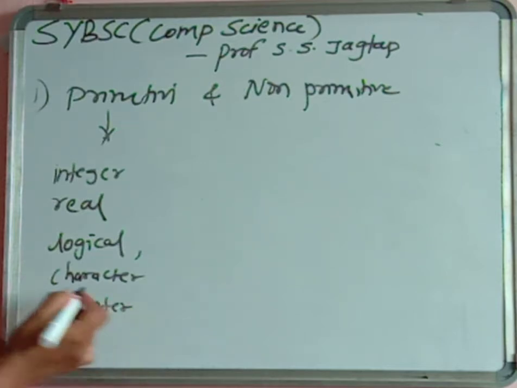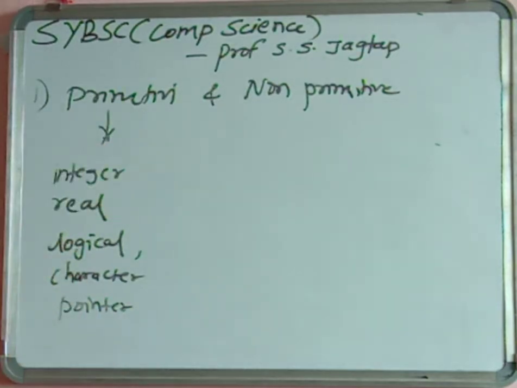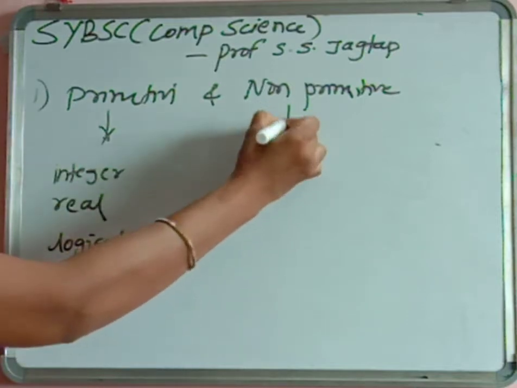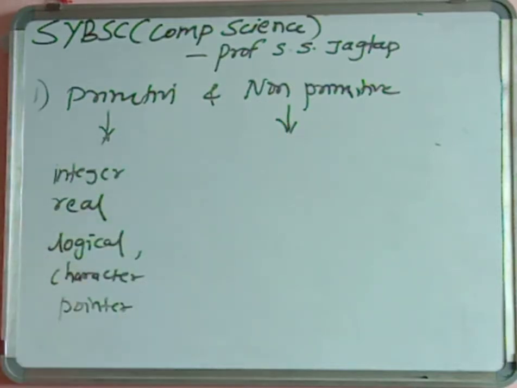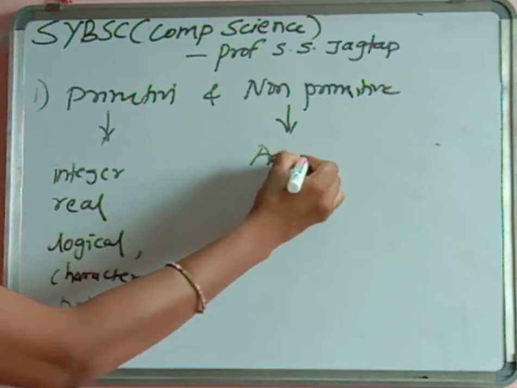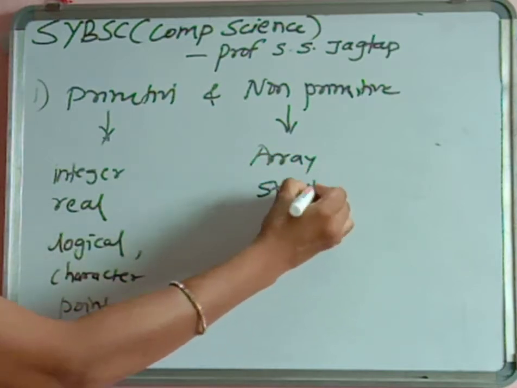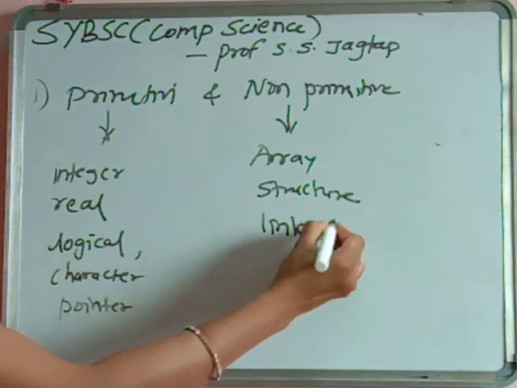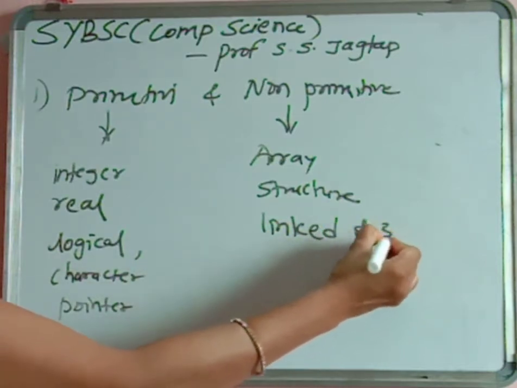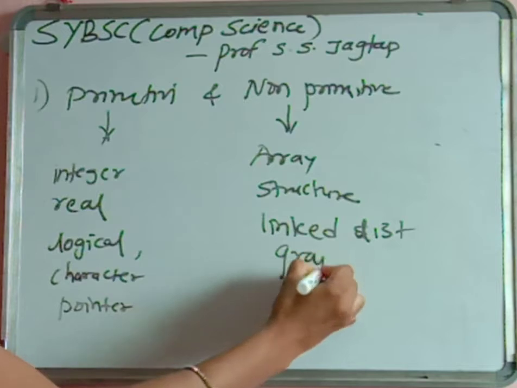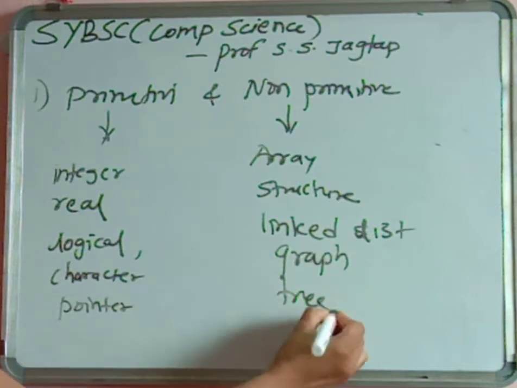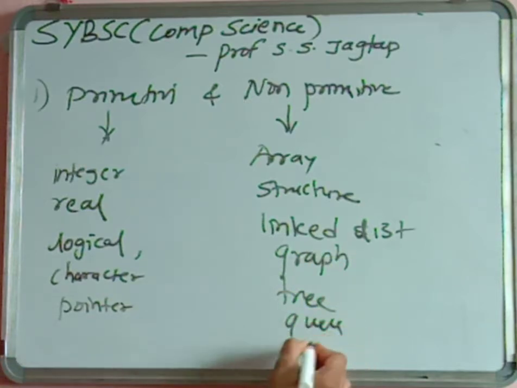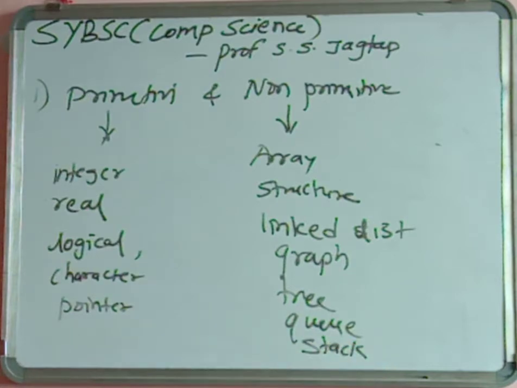These all are included in primitive data type or data structure. Whereas non-primitive data structure means array, structure, linked list, graph, tree, queue, stack. These all are included in non-primitive data structure.